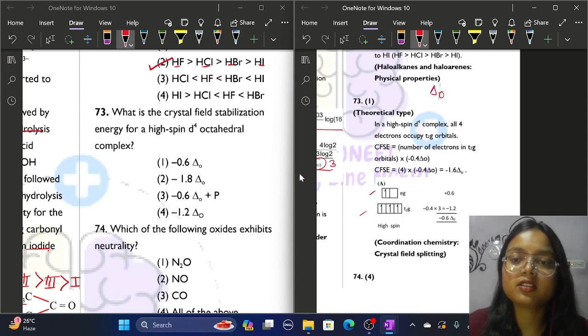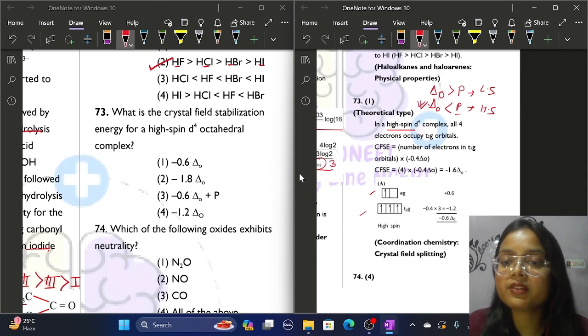For octahedral, the pairing energy will be lesser for low spin, and the pairing energy will be greater in high spin complexes. In the question it is written high spin, so we take the case where the pairing energy is greater. The electrons will first fill in the T2g orbitals, then go to the Eg orbitals instead of pairing up, because it requires greater energy to pair.